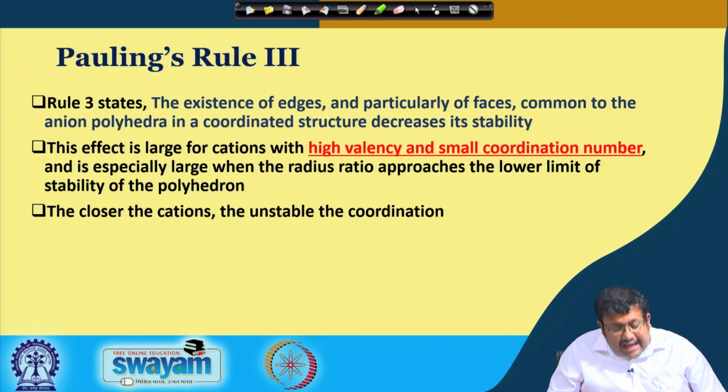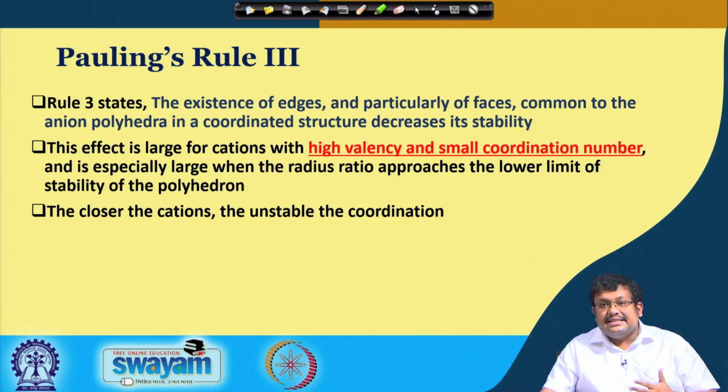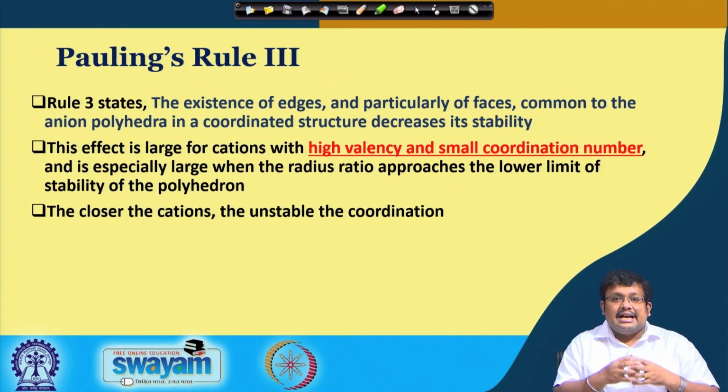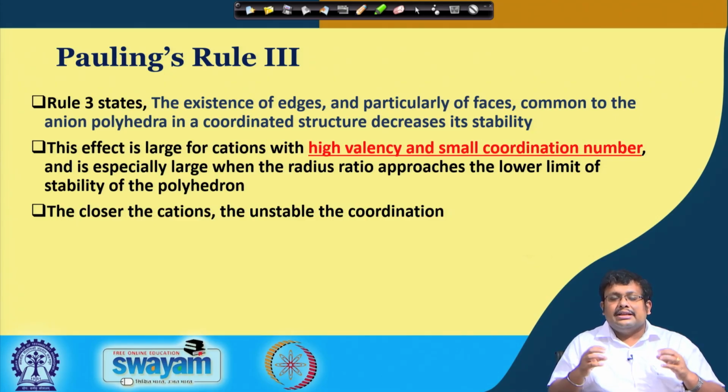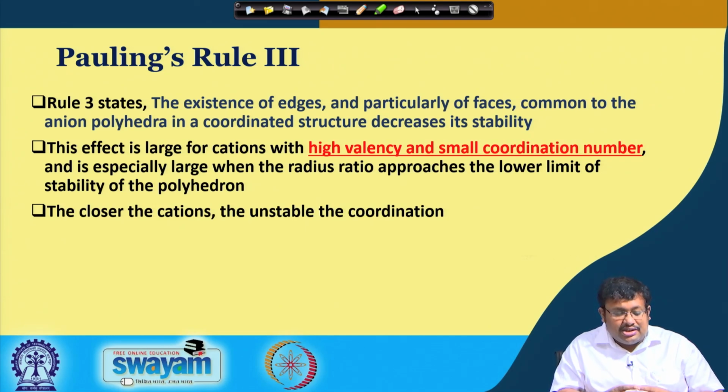This effect is large for cations with high valency and small coordination number. Why is that? Because the closer the cations, the more unstable the coordination. Obviously, when the cations become closer, there will be electrostatic repulsion, and as a result there will be instability in the structure.